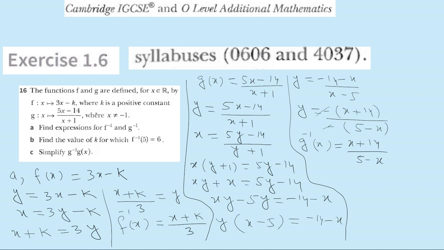We have found f inverse and g inverse. Move on to part B. So we have to make some space. I want to rub this.